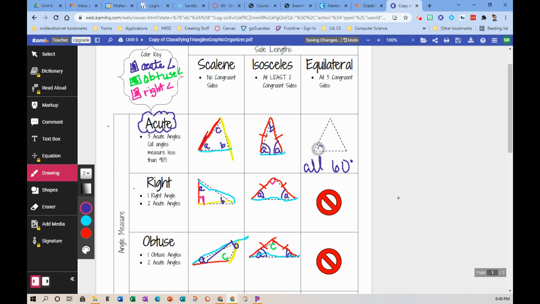So we have A, and A. And the sides are all going to be orange. Equilateral. Lateral means side. So equal sides.